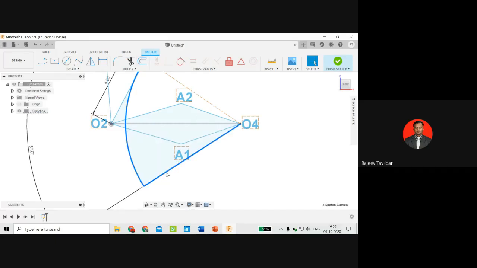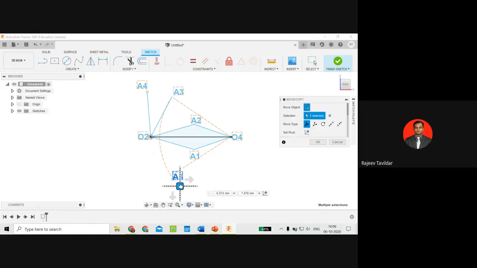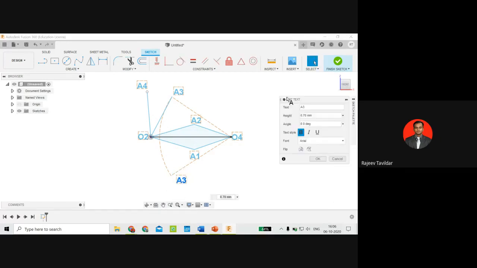I'm just showing it by hidden lines. I've located A3 dash.